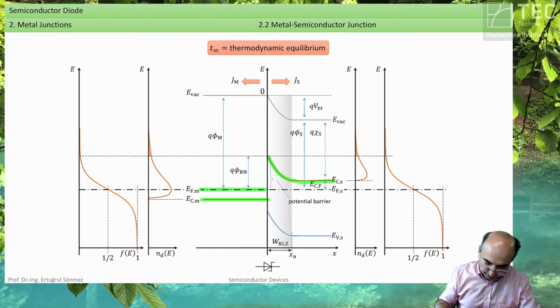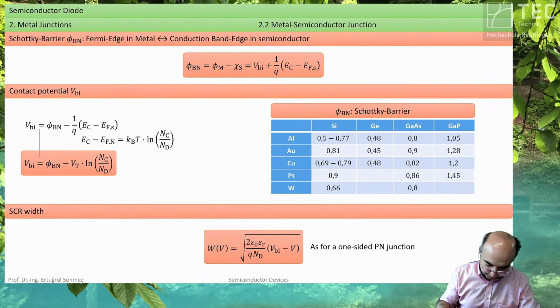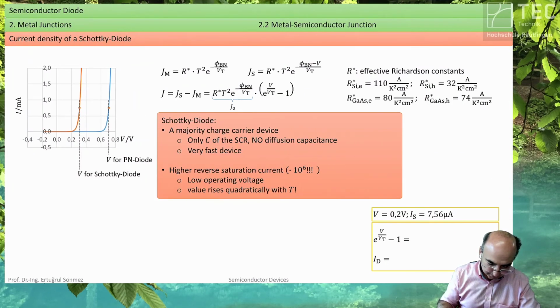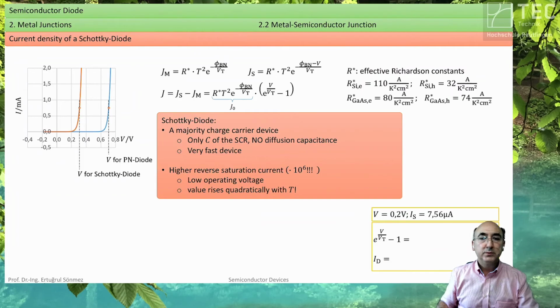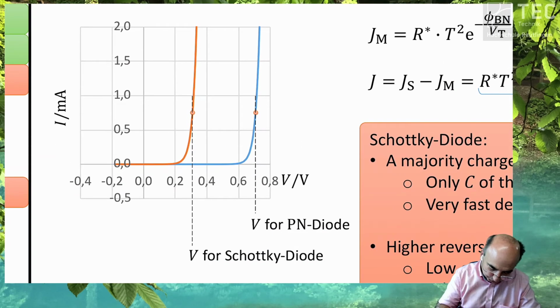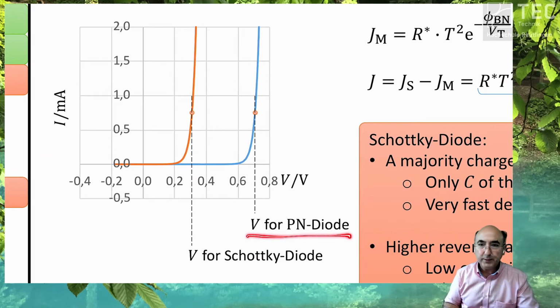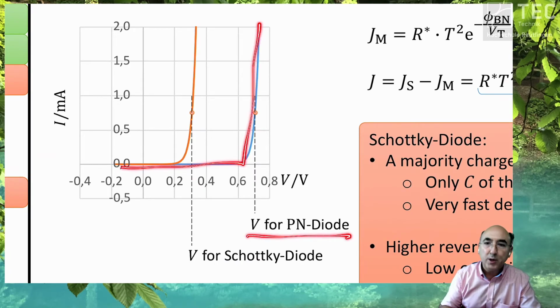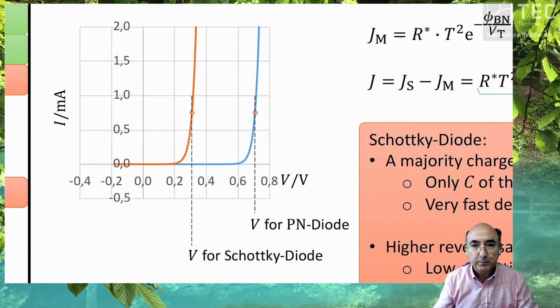Okay, here we have this. Now we go to the point of why we additionally use Schottky diodes. Because of that. A typical PN diode, this curve is copy-paste from the Excel sheet.